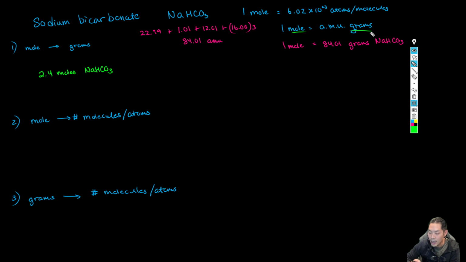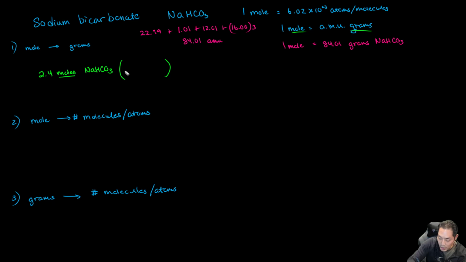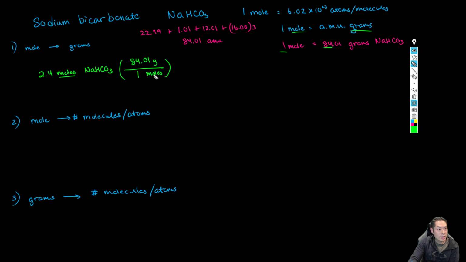When you use that ratio, I have 1 mole equal to 84.01 grams of NaHCO3. I have moles here, so when I do my unit cancellation, I want moles on the bottom. Then I'm going to get the coefficients, 1, and then the other matching one is 84.01 grams.